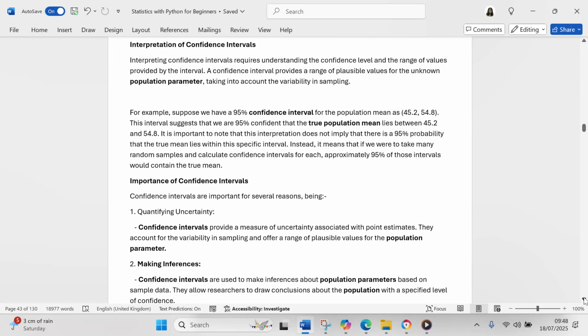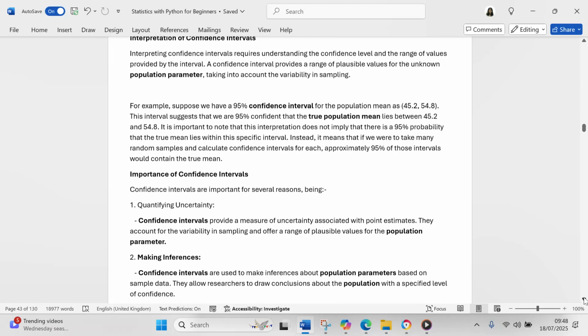So we talk about the interpretation of confidence intervals. Interpreting confidence intervals requires understanding the confidence level and the range of values provided by the interval. A confidence interval provides a range of plausible values for the unknown population parameter, taking into account the variability in sampling.